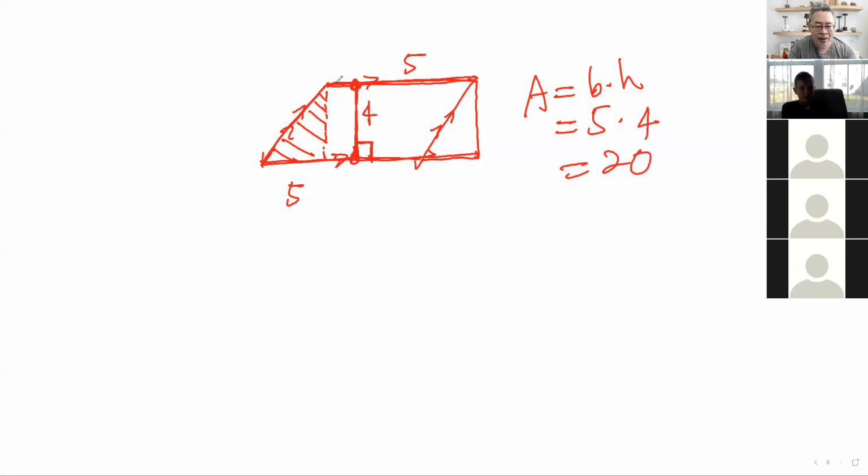And you can see that we can change a parallelogram into a rectangle. So therefore, the area formula for a parallelogram and a rectangle is the same formula. Okay, are we good on this?